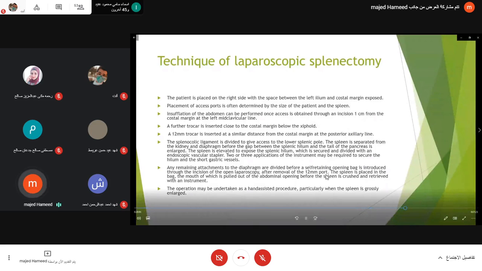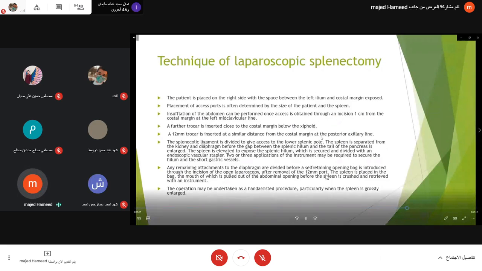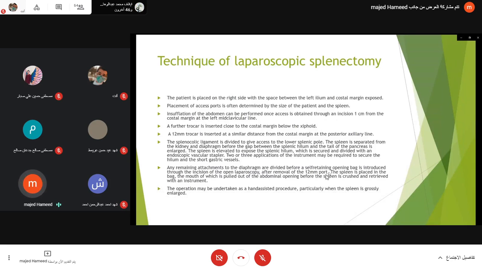Insufflation of the abdomen can be performed once access is obtained through an incision 1 cm from the costal margin at the left midclavicular line. A further trocar is inserted close to the costal margin below the xiphisternum. A 12 mm trocar is inserted at a similar distance from the costal margin at the posterior axillary line.